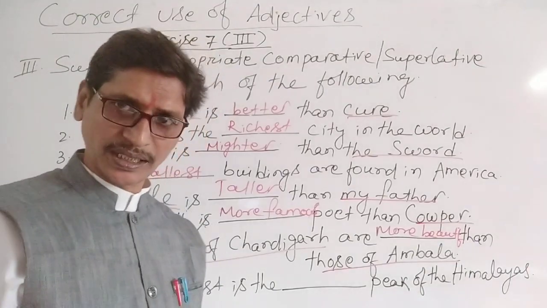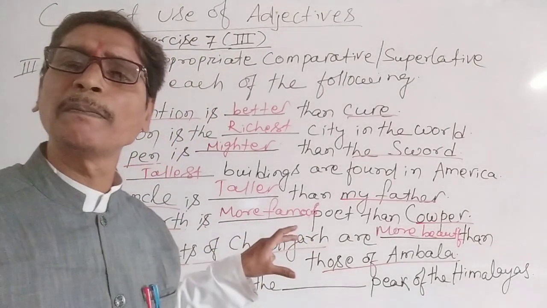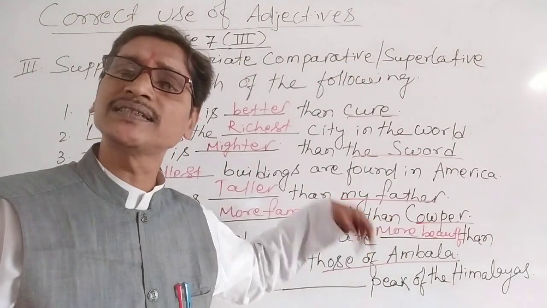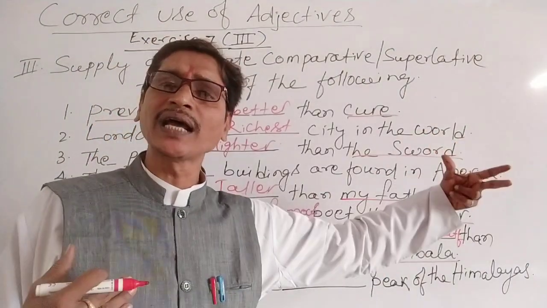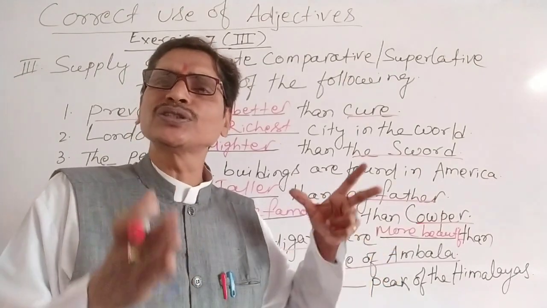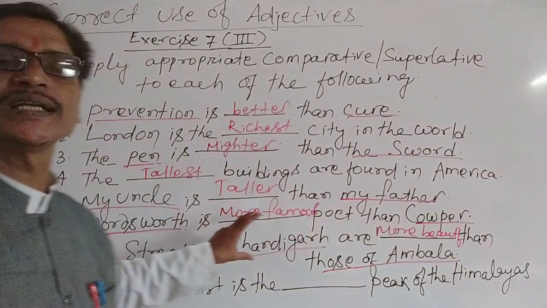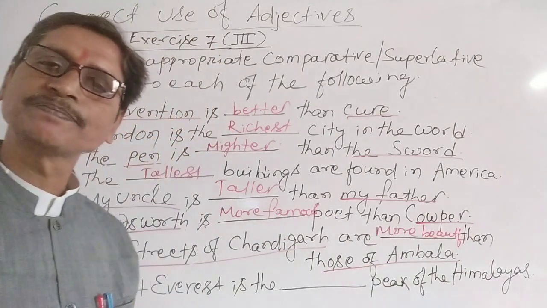Understand? Clear? So here we have compared between the streets of Ambala and the streets of Chandigarh, taking a certain adjective to have the comparison like longer, shorter, wider, narrower. All those adjectives we can use to have the comparison between the streets of Chandigarh and the streets of Ambala.